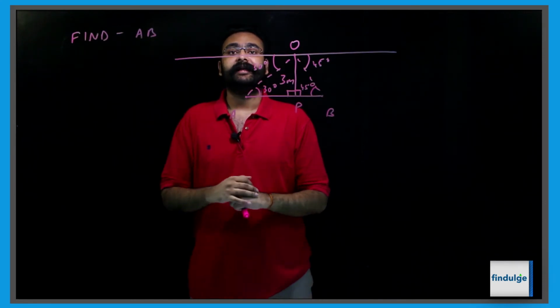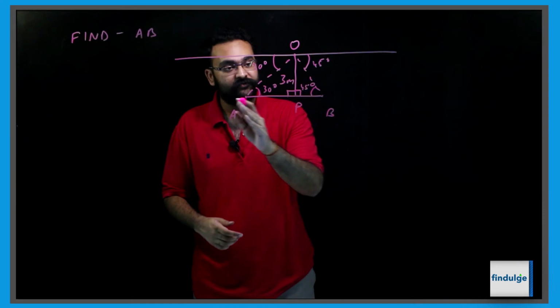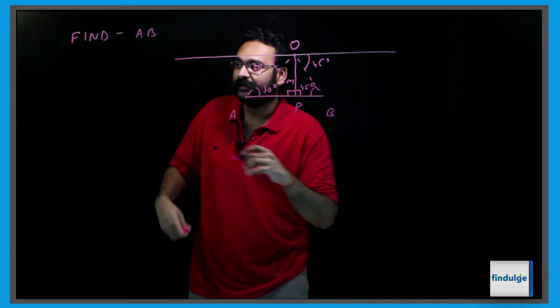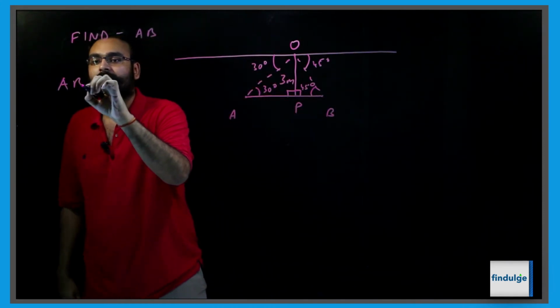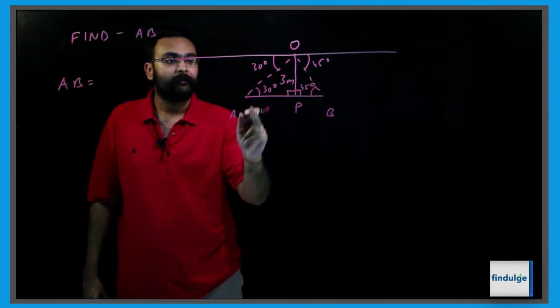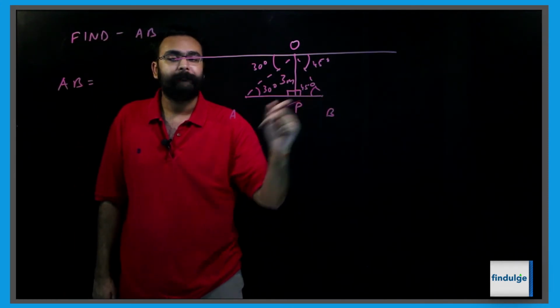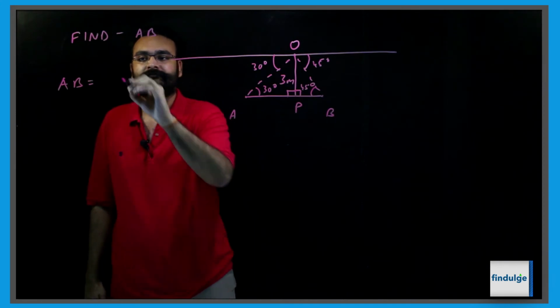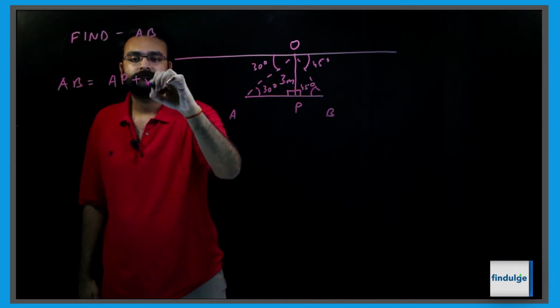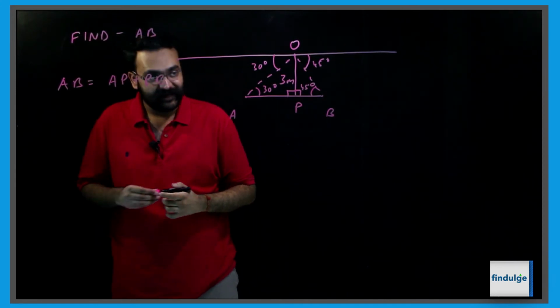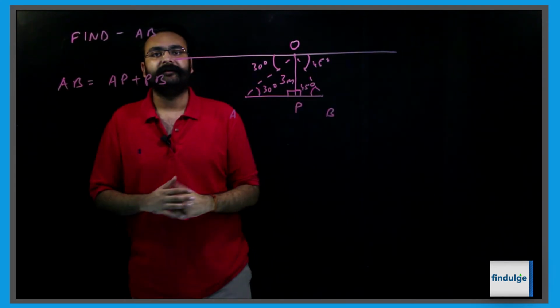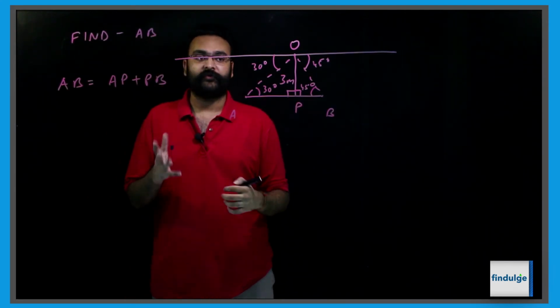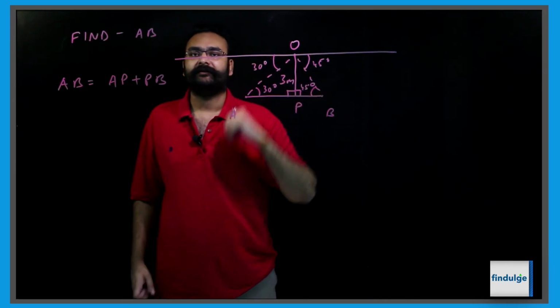They've asked us to find the length AB. Now if we look at AB, AB can be found by finding AP and PB and adding them up. And AP and PB can be found from the two triangles.